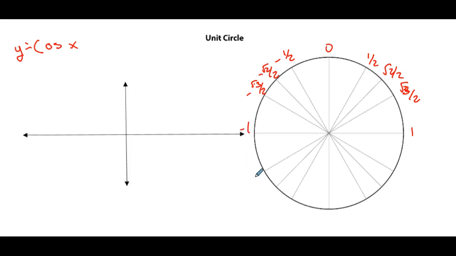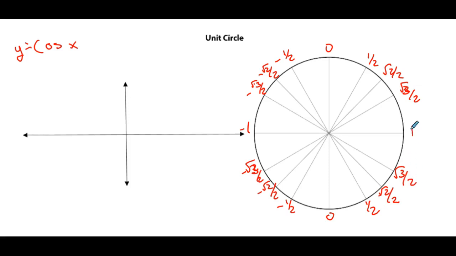Until it gets to negative 1, and then it stays negative, but it's moving in the direction back towards 0, and then it's positive again as it moves towards one.